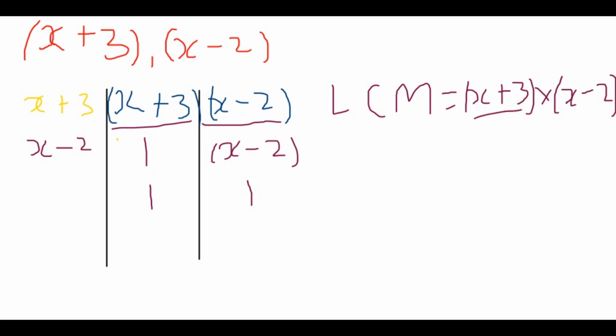And if I multiply these two terms, I'll have the LCM to be x plus 3 in one bracket and x minus 2. And this is the LCM of x plus 3 and x minus 2.